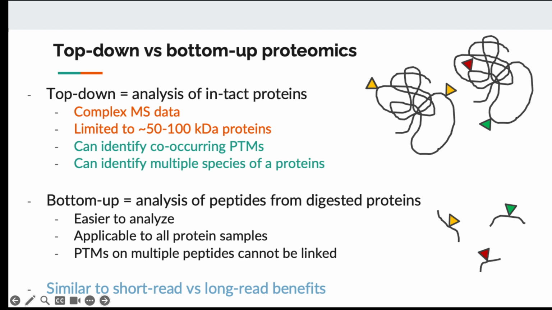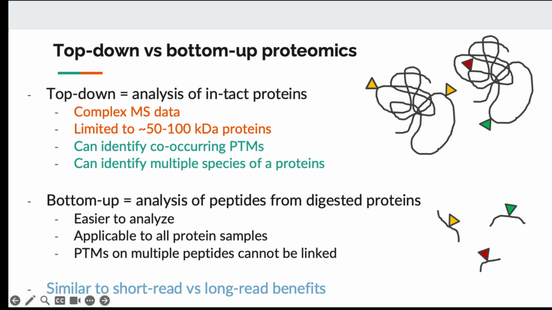So if your analysis hinges on the fact that you can determine the isoform of the protein, you have to study the intact protein, because with the intact protein, you can see 2 phosphorylations on the same molecule, because they will appear in the same mass spectrum. So that's the only way that you can distinguish one protein species from the other.